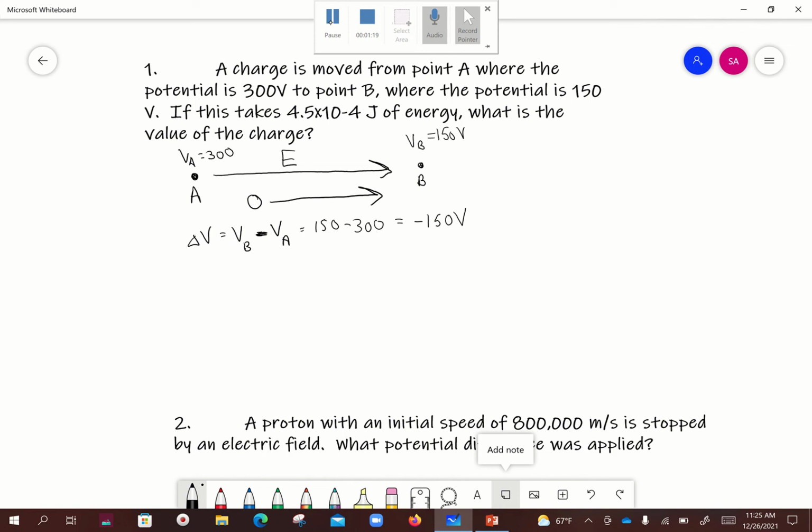And from the problem also, I'm told that 4.5 times 10 to the minus 4 joules is my change in potential energy.